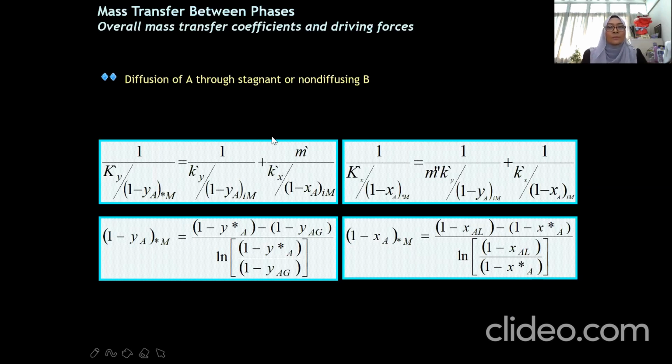And I know this looks quite complicated, and this is now involving the log mean values. Not only this log mean value, now you will have a new log mean value that you have to calculate.